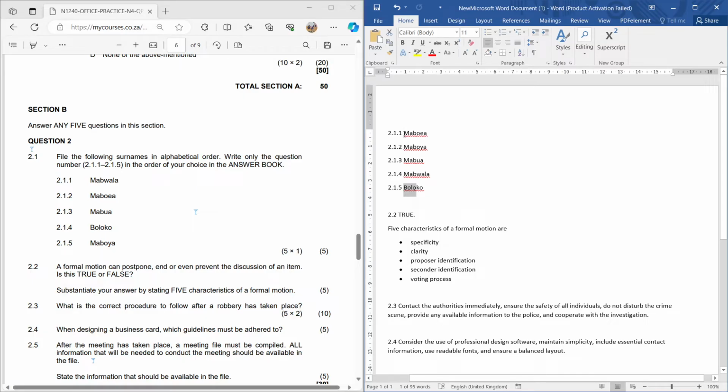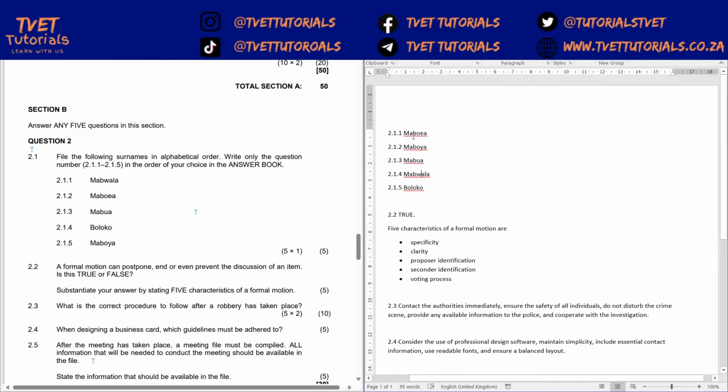Just as you can see here, all our M surnames are followed by A, then B. Right, then you have a difference starting from this point. You see, now they're starting to be different. That is where the second rule applies, right? It says that you can keep on moving to the next letter until you find letters that are different. Then you can start arranging your list from there, right?